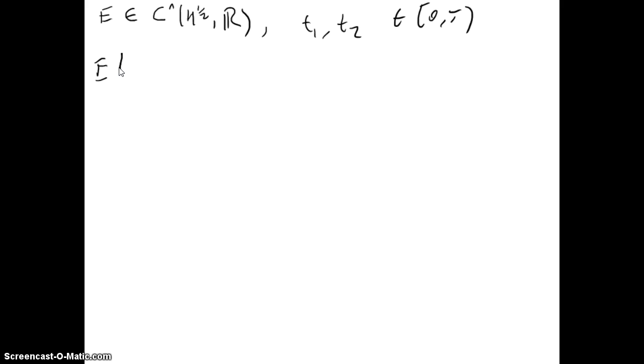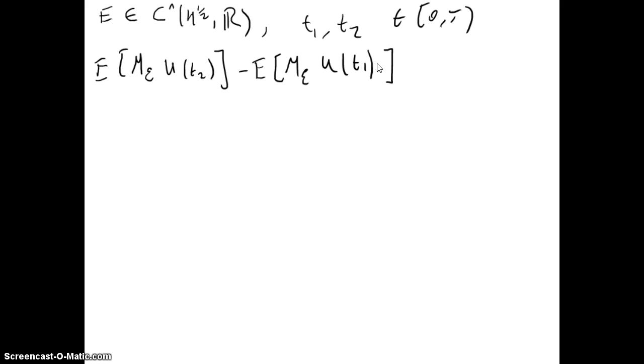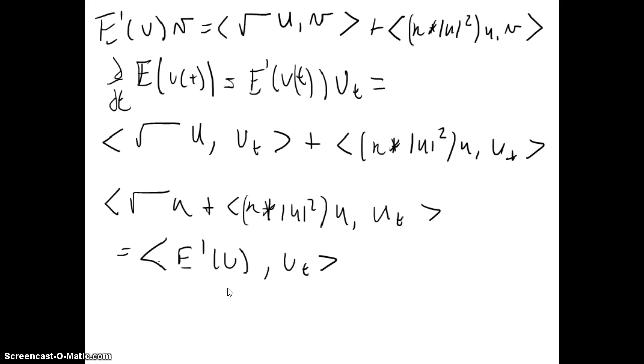E of, recall the operator, E m epsilon of u(t2) minus E m epsilon of u(t1) to be the integral, okay, from t1 to t2 of what we said it was, d/dt E. Okay, so this will be this E prime u u_t.